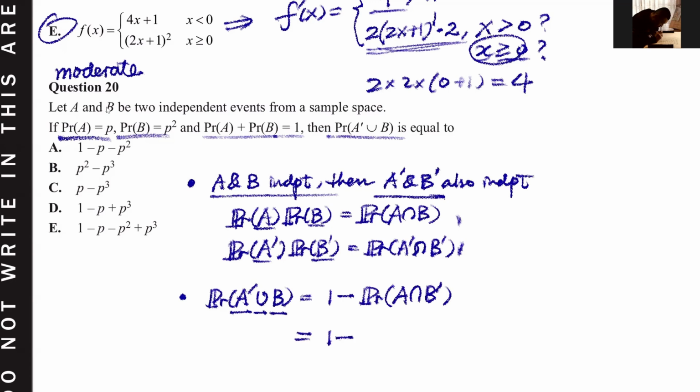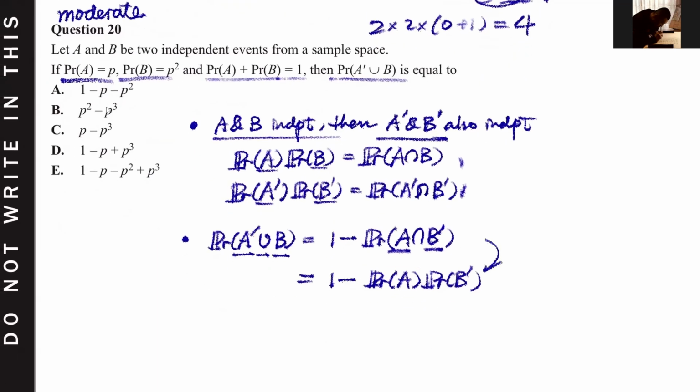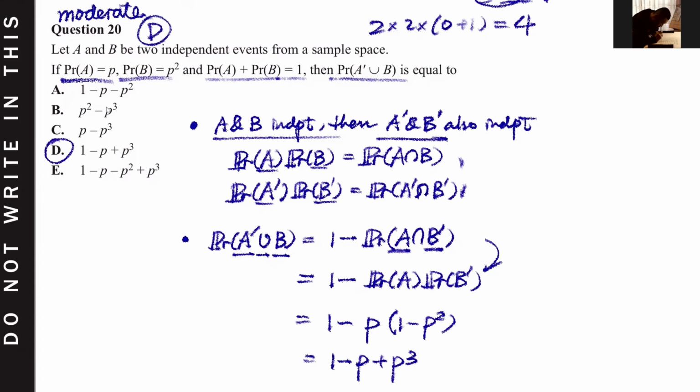Then you get 1 minus probability A times probability B dash because A and B are independent. So are the complementary. A and B dash will also be independent of each other. Then you say 1 minus probability A, that's P, and probability B dash is 1 minus P squared. Therefore, you have 1 minus P plus P to the power of 3, which is giving you option D, all right?